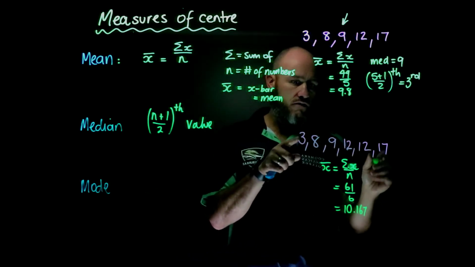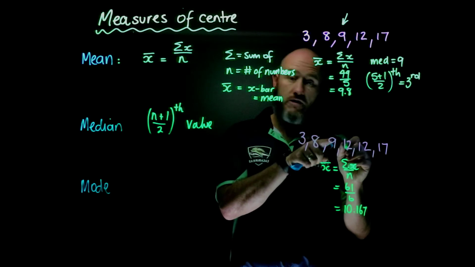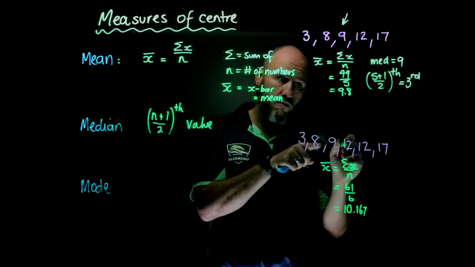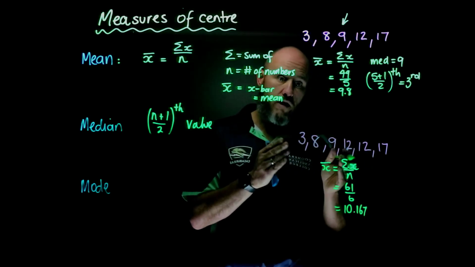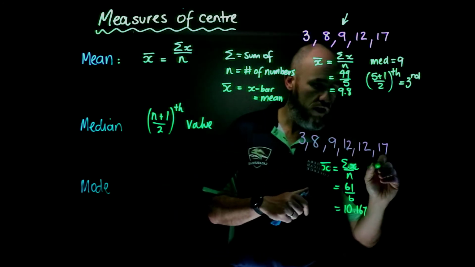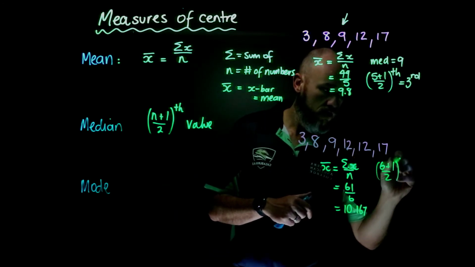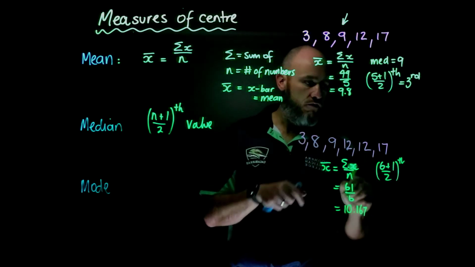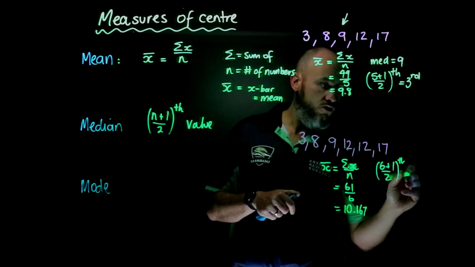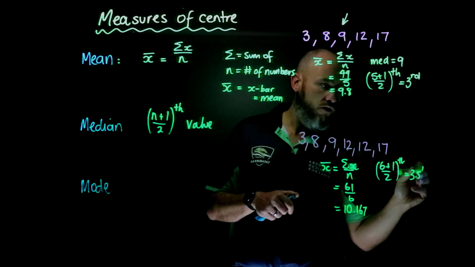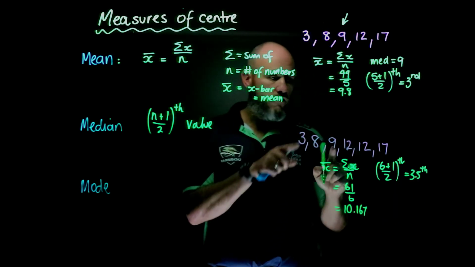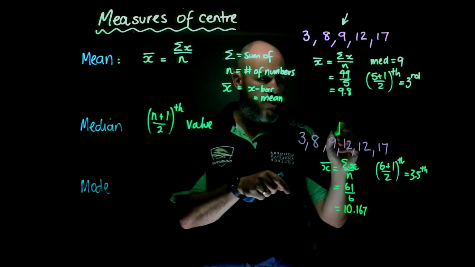We've got 6 values, so if we cross off, we come into the centre, we have 9 and 12. In the middle of 9 and 12 is our median. But you see that more specifically by saying (6 plus 1) over 2, because there are 6 numbers, and (6 plus 1) over 2 is the 3.5 value. And the 3.5 value here is there.